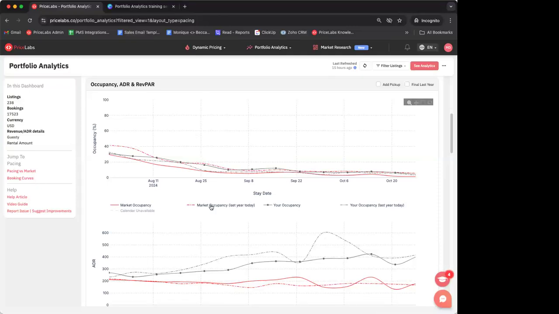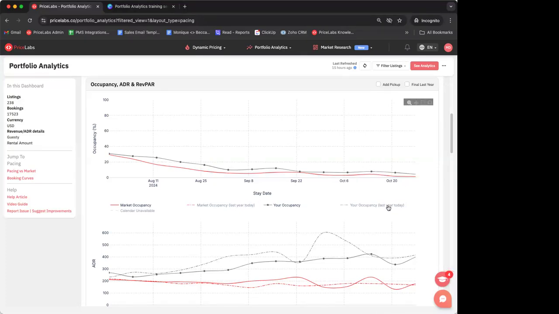So the solid red line is where the market occupancy is at. The solid gray line is where your occupancy is at as of today for future dates. So we can actually see that this portfolio is slightly outpacing the market for future dates.